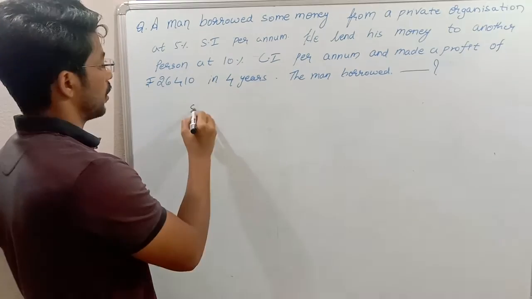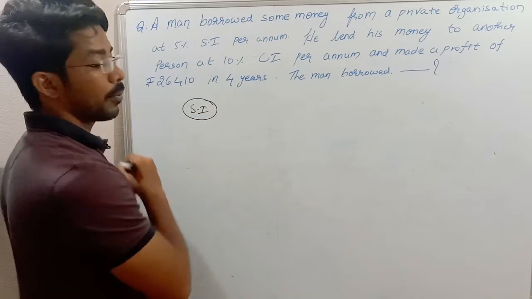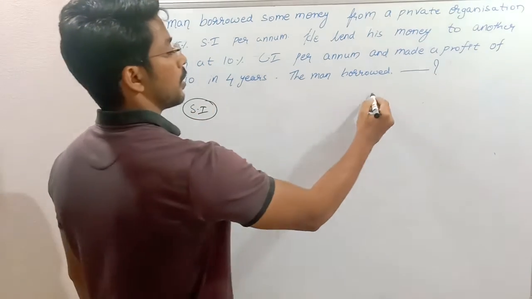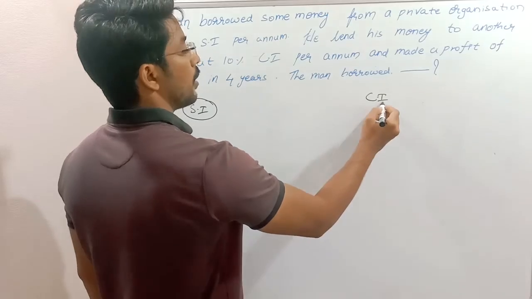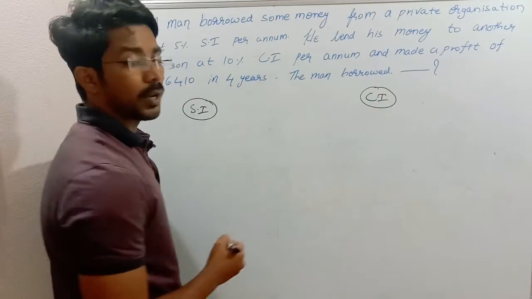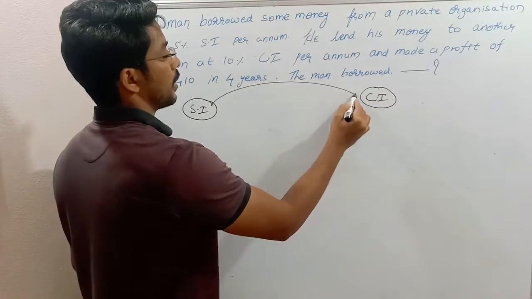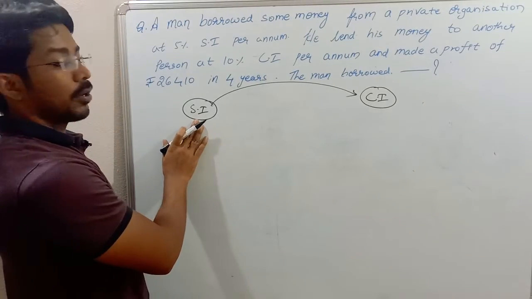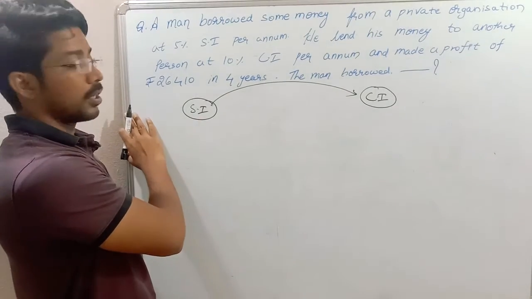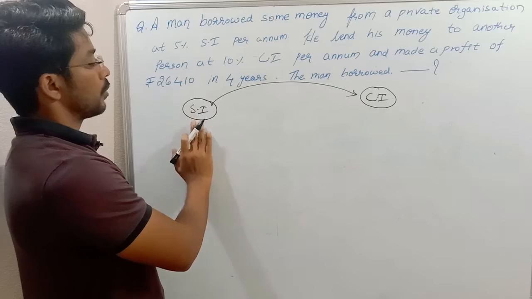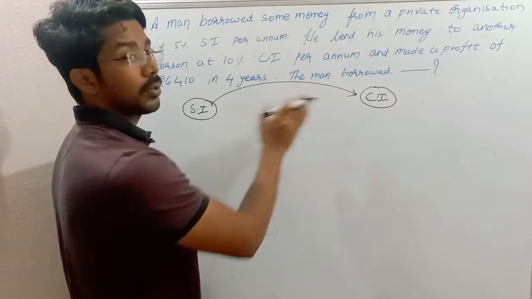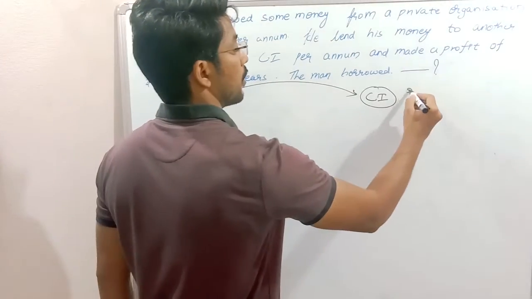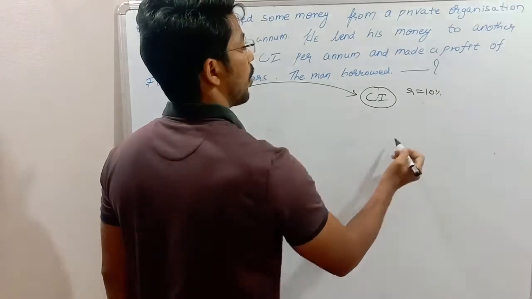First he took some amount of money at simple interest, then he lent that same amount of money to another person at 10% compound interest.